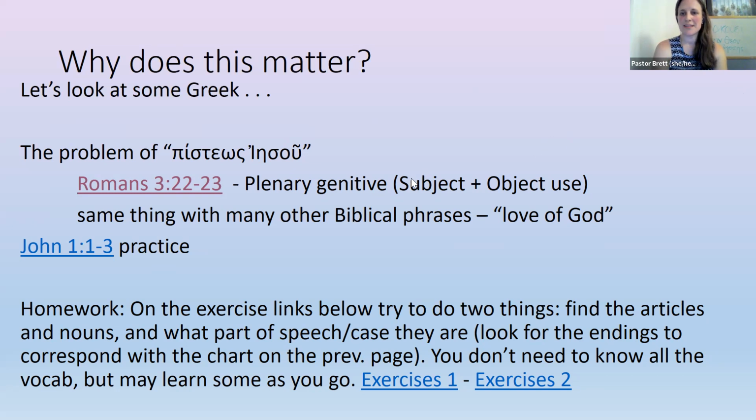It can be both the subject and the object. So you can say, I'm trying to think of a good example. I had examples earlier.